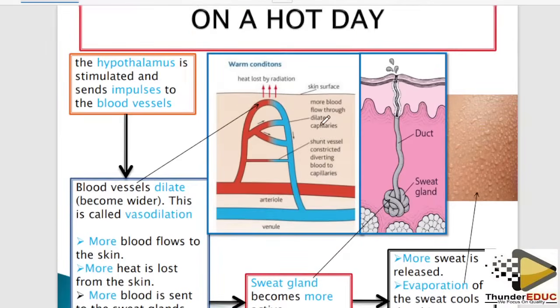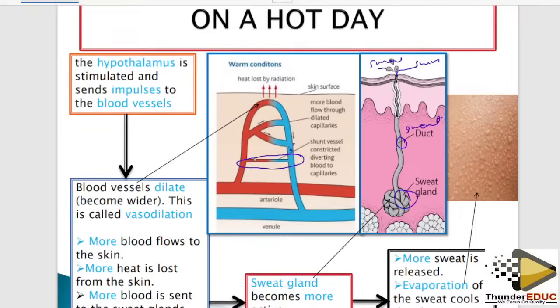So this is the blood capillaries, and this is the sweat I was talking about: sweat gland, sweat duct, sweat pore, and then sweat. You need to know that. And then these are the blood vessels, blood capillaries. So we have this shunt.